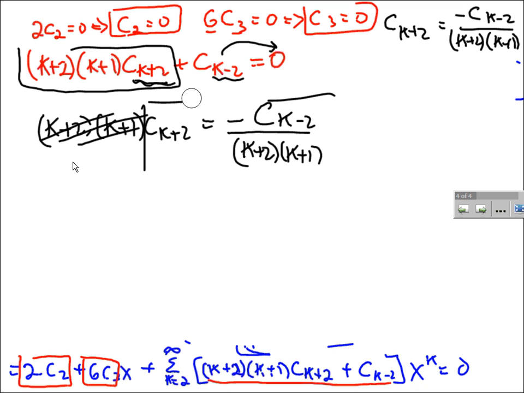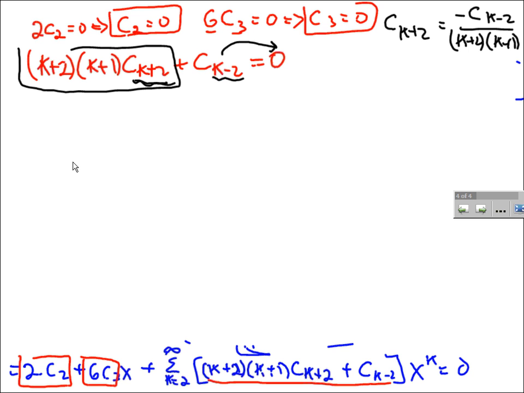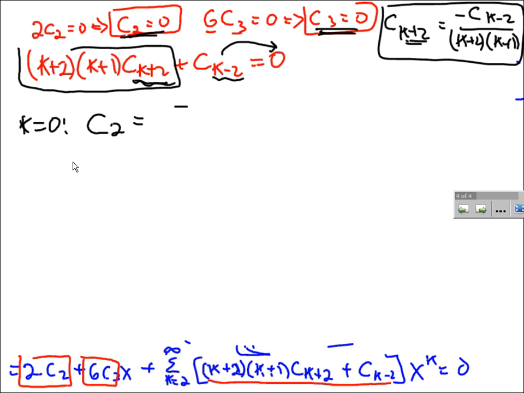Okay, did a lot of work to get that formula. And now we go at this. We're going to use this information almost exclusively, except we're also going to use that information. If k is equal to 0, well then 0 plus 2 is 2. So c sub 2 is equal to negative c sub k minus 2.